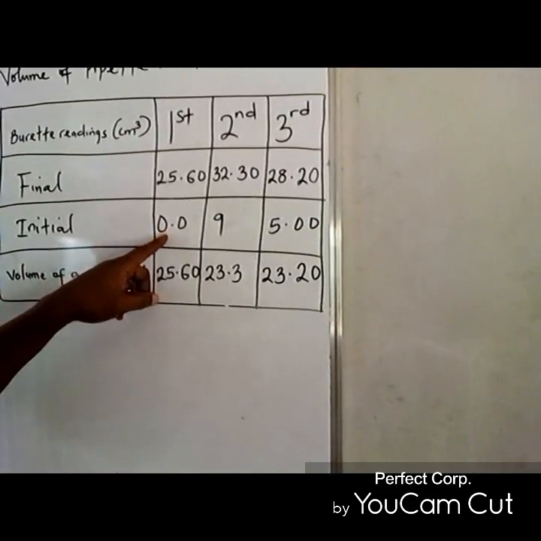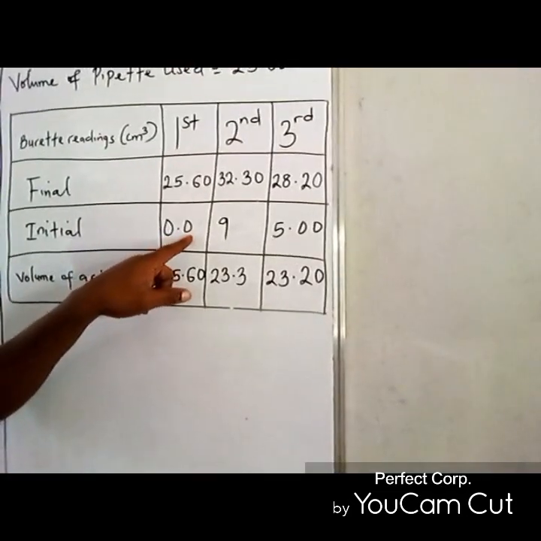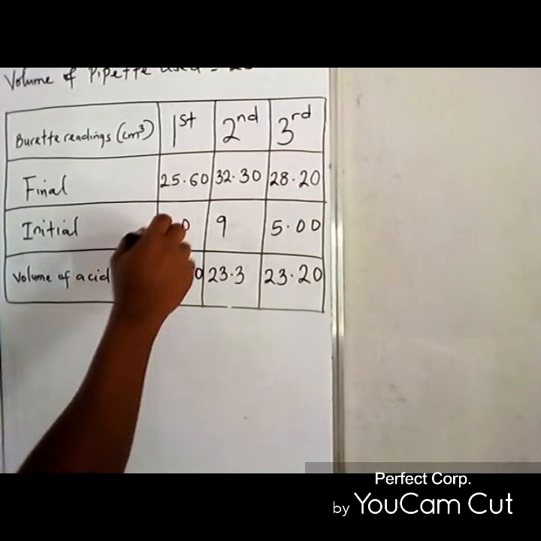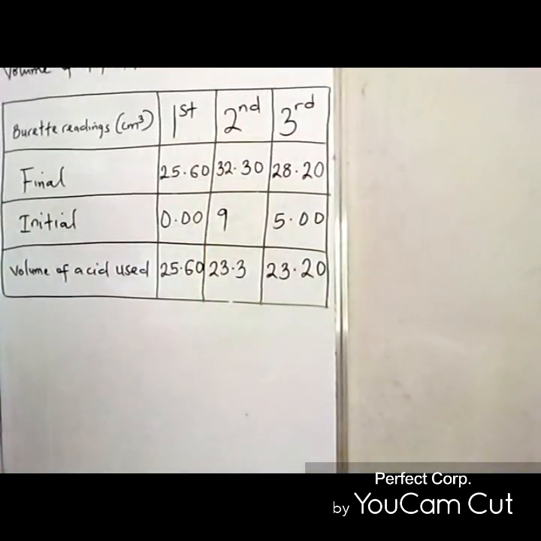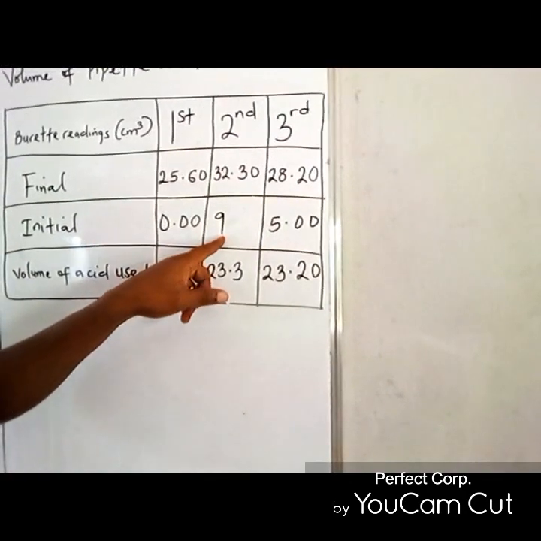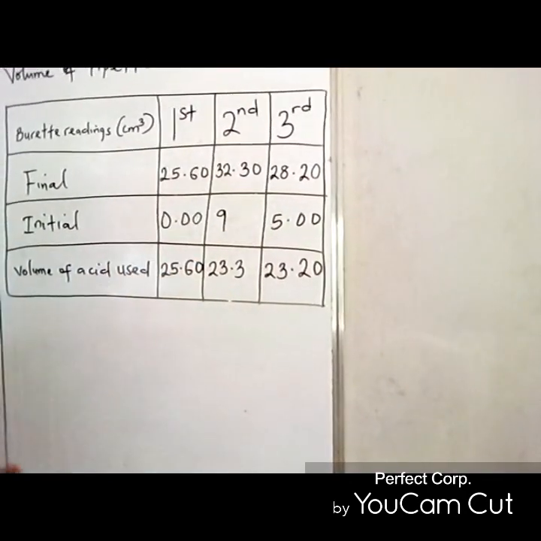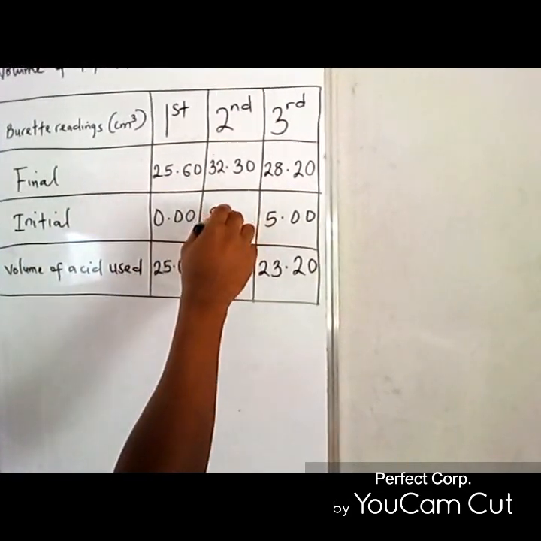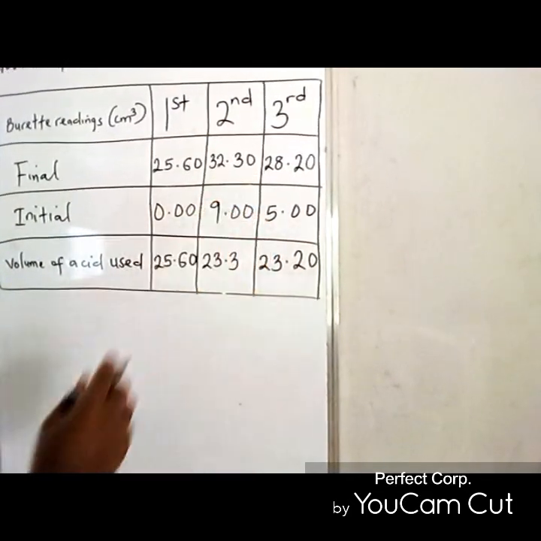So when you check this first one, this is 0.0. It's not up to 2, it's just in 1 decimal place. So what you do is add another 0 to it. Then going to the next, which is 9. It is also wrong. So what you will do is put your point and 0, 0.